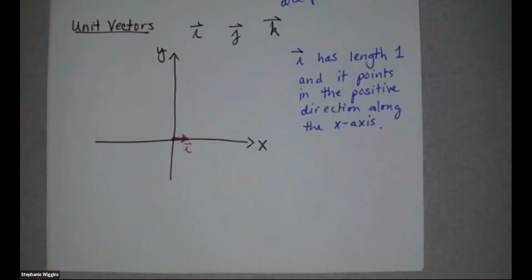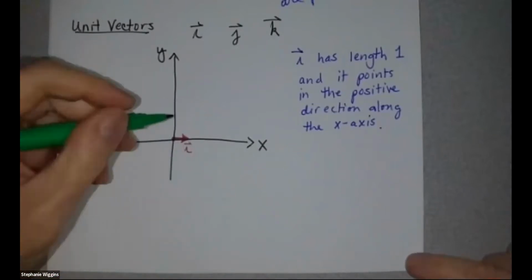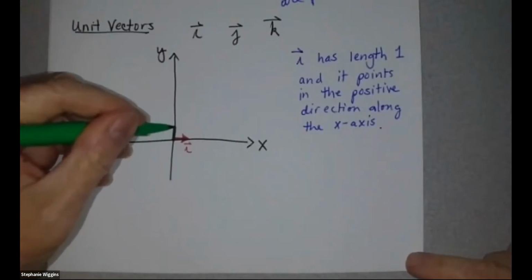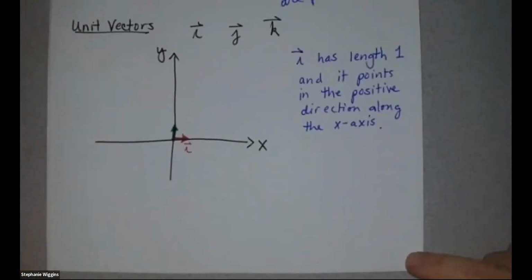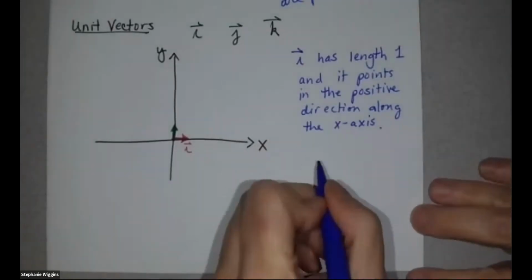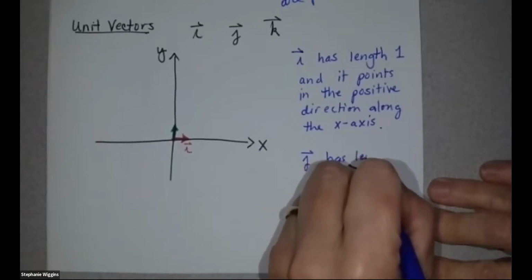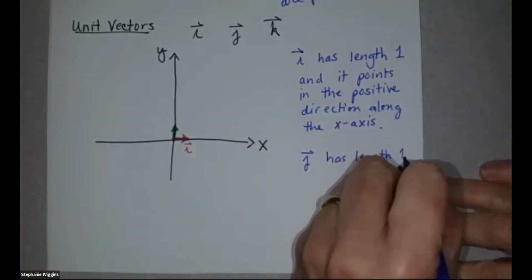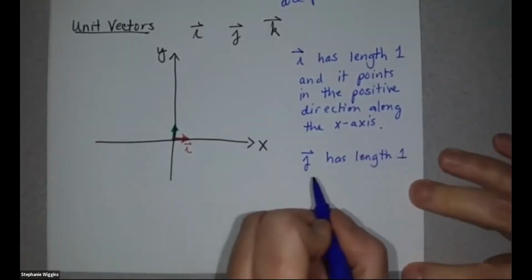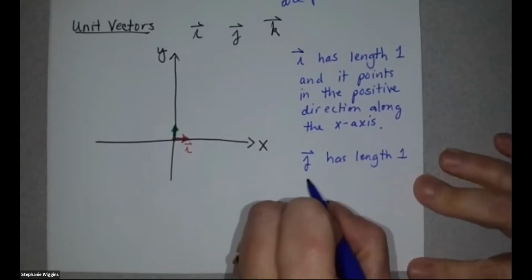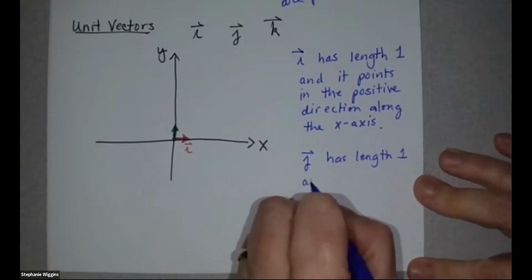And then I'll do in green the j. So your j vector has length 1 because it's a unit vector, and it points in the positive direction of the y-axis.